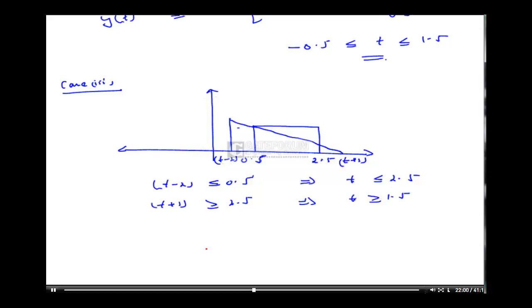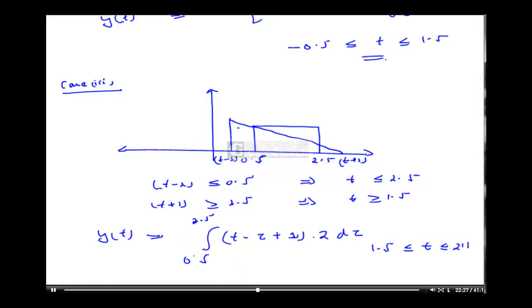So within this region, I can write my yt is equal to integral from 0.5 to 2.5 of t minus tau plus 1 dot 2 d tau, for 1.5 lesser than t less than equal to 2.5.